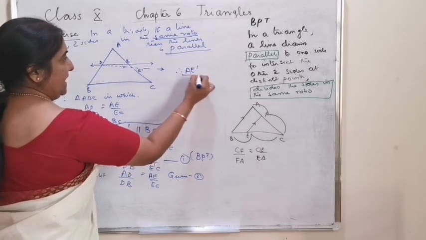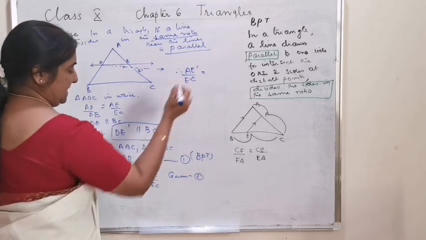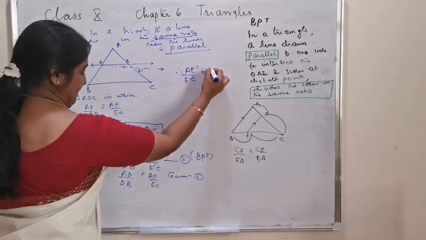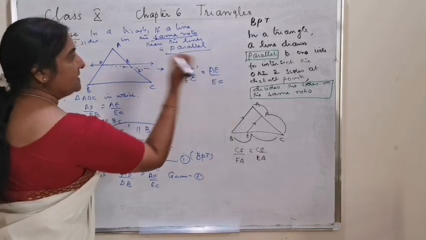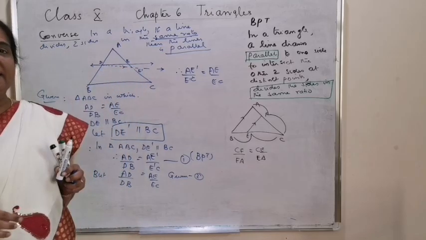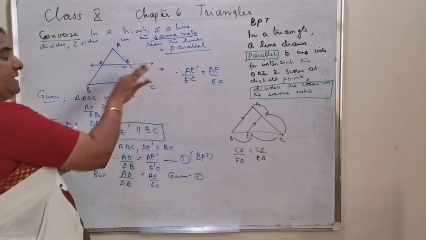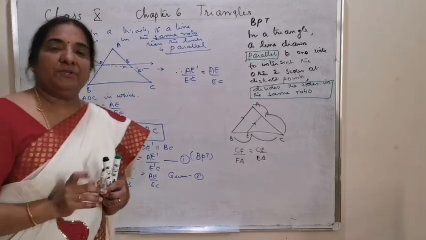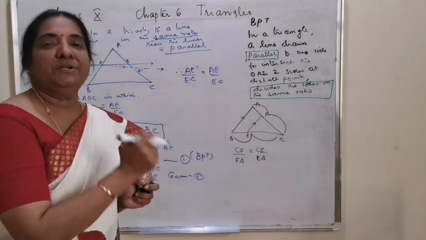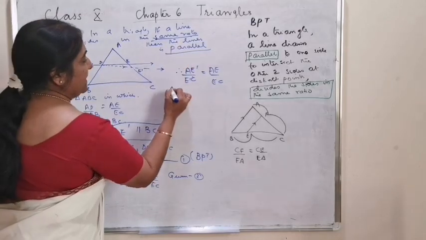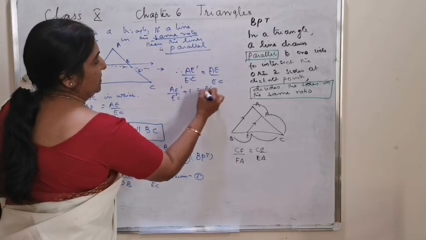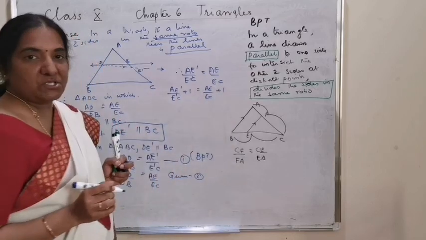That is, AE dash by E dash C is equal to AE by EC. From here, you cannot justify anything. Let us add 1 to both sides: AE dash by E dash C plus 1 is equal to AE by EC plus 1.